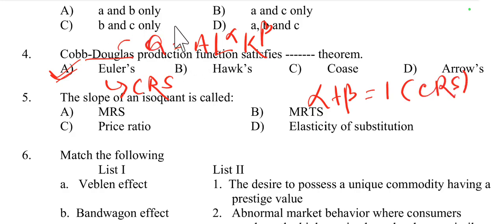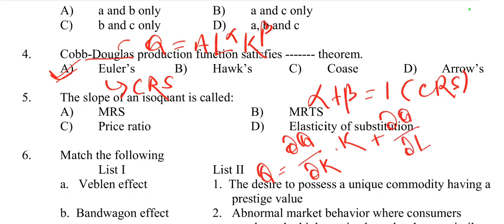So according to Euler's theorem, in this case, output can be fully distributed between labor and capital based on their respective marginal products, meaning we can say Q is equal to del Q by del K into K plus del Q by del L into L. So the marginal product of labor and the marginal product of capital.